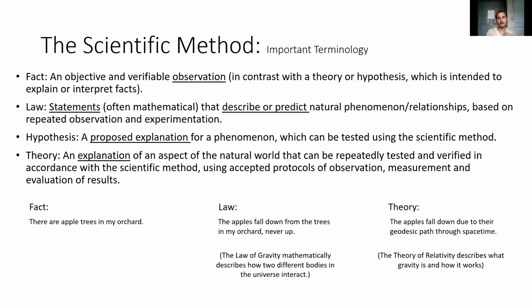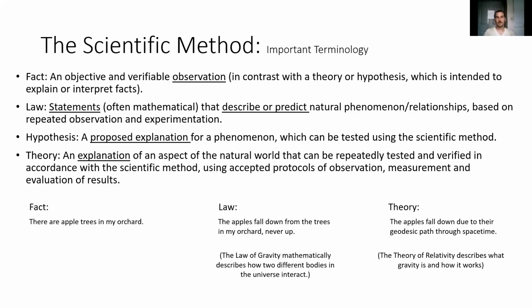And of course, as we get more specific, the information can get a little more esoteric, usually because scientists are working in the frontier and they're coming up with new and weird words because we don't have words to explain these things. I bring that up because when I say the theory applied to my apple trees would be that the apples fall down off the tree due to their geodesic path.